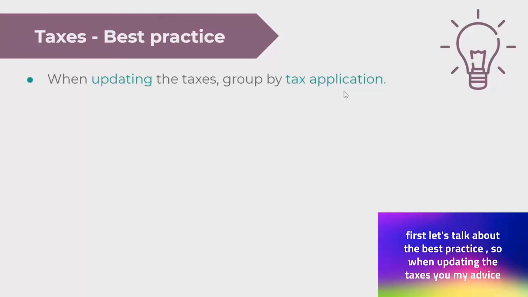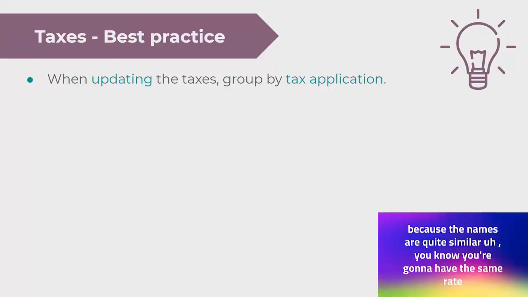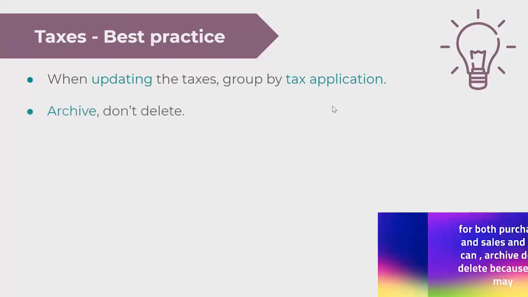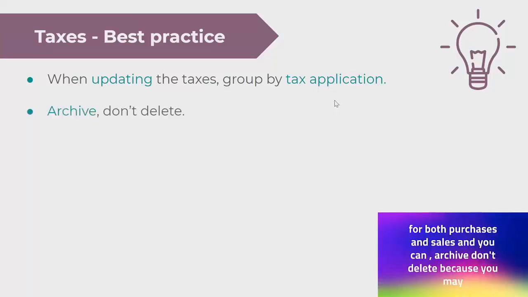First, let's talk about the best practices. So when updating the taxes, my advice: always group by tax application or tax type, so you're going to split the tax for purchases and the tax for sales to make sure that you don't mess up, because the names are quite similar, and you're going to have the same rate for both purchases and sales.